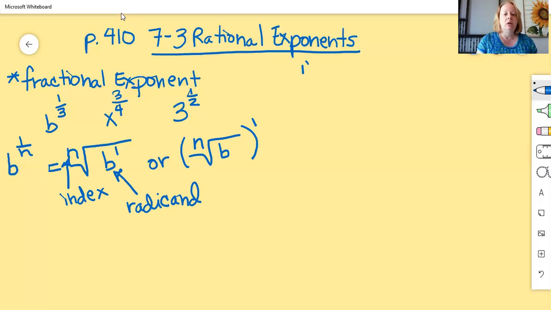We're just going to convert from rational form to exponential form. So you can put that down for your heading here. We're actually going to go from exponential to radical form is what we want here.